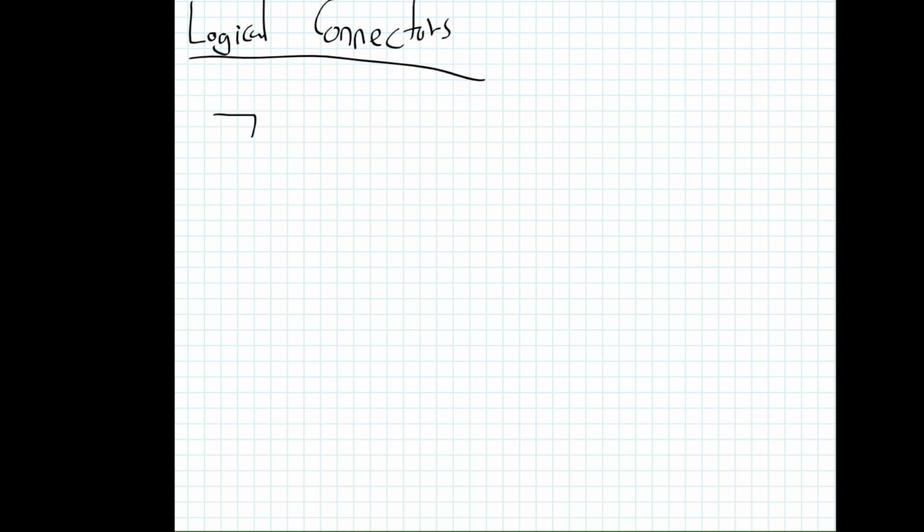Let's go to the next page. So logical connectors. What are these logical connectors? Well, they're symbols like this one, this one, this one, and this. Whoops, made a mistake here. And this one.